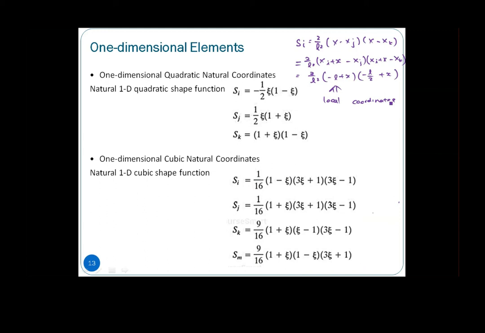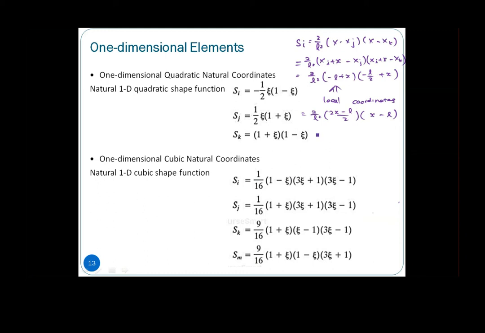Then if I want to go into natural coordinates, we rearrange everything, equals 2 over L square, 2x minus L over 2, then we have x minus L, right?